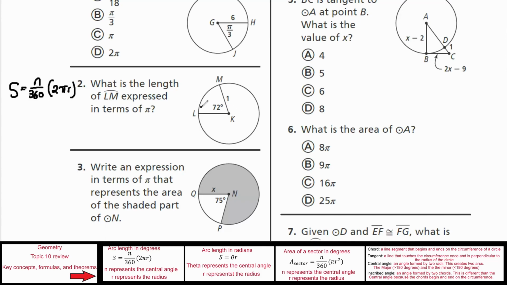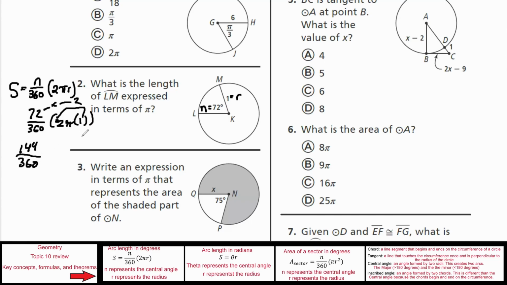This is our central angle, and this one is our radius, so we can make our substitutions there. This is going to give me 72 over 360 times 2 pi, and r is 1. 2 times 1 is still 2, and 72 times 2 is 144 over 360.